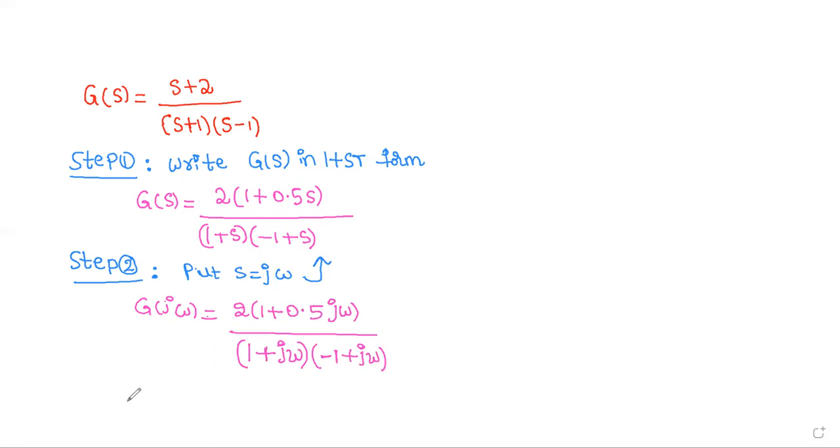So now in step 3, we have to find the magnitude of this G(j omega) and the phase angle of G(j omega).